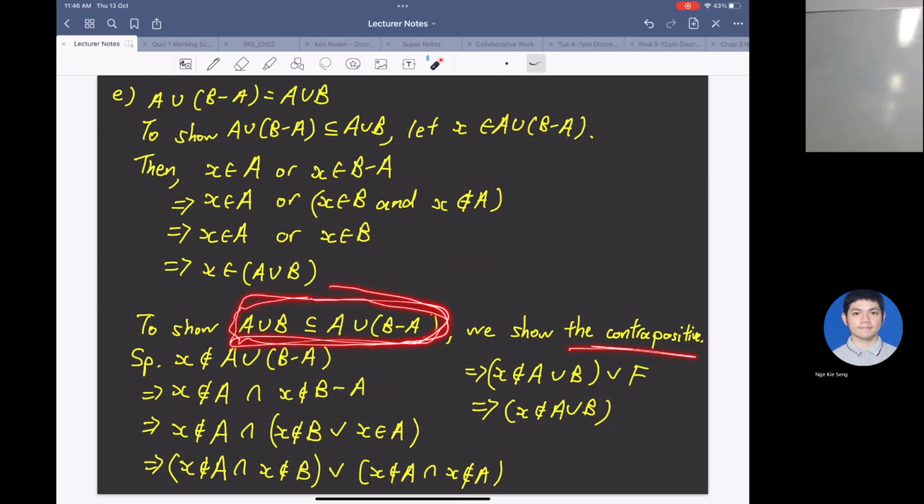So I use the contrapositive. Instead of showing that the element here is in here, I show that if the element is not on the right hand side, then it is not on the left hand side. Contrapositive. Instead of showing everything in here is in here, I show that everything not in here is not in here. So showing the other way. Contrapositive.